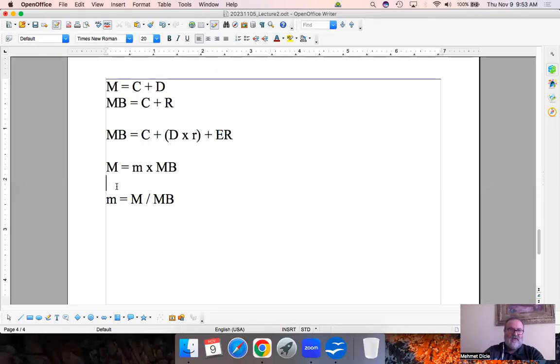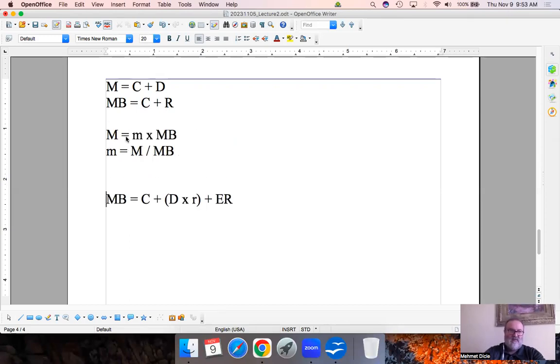I'm simply going to take these two, because this is where I'm going to start. So with the monetary base equal to C plus the deposit times the required reserve ratio plus the excess reserve.